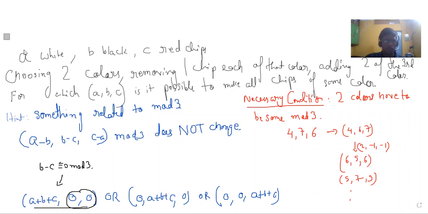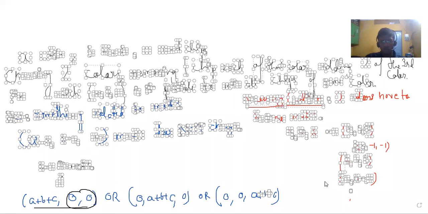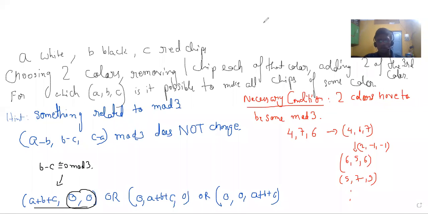One second. Last time we used induction. So if you assume, but you'll have to apply induction. So you apply induction. Yes.